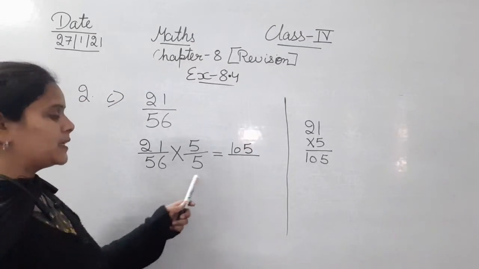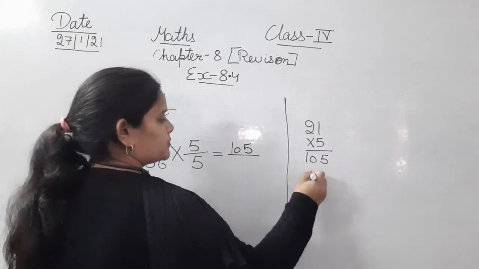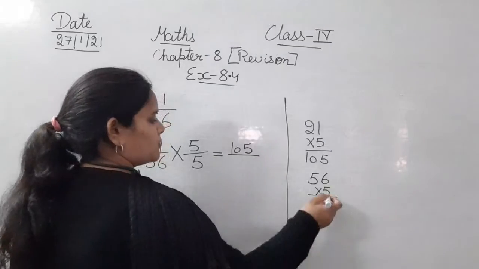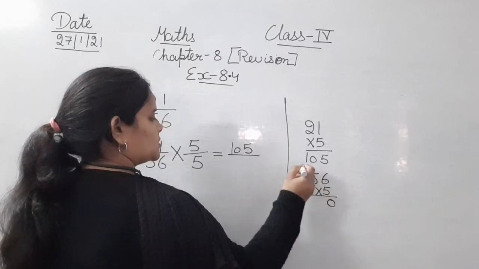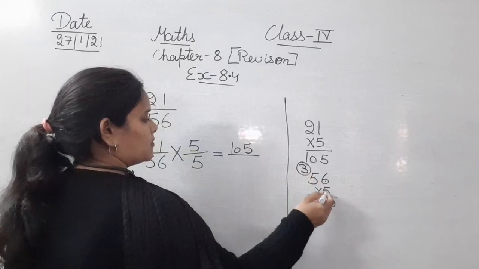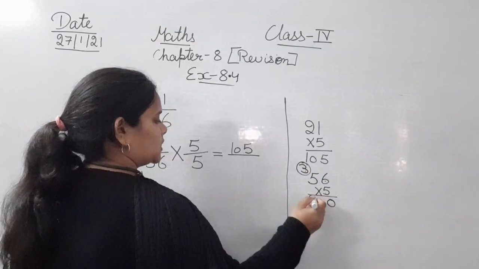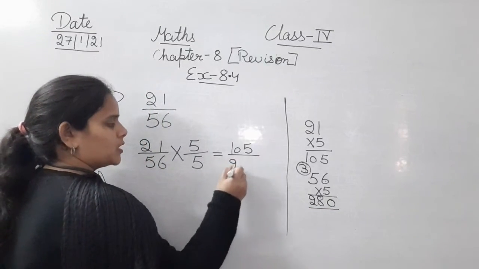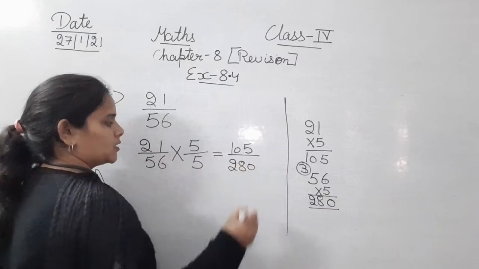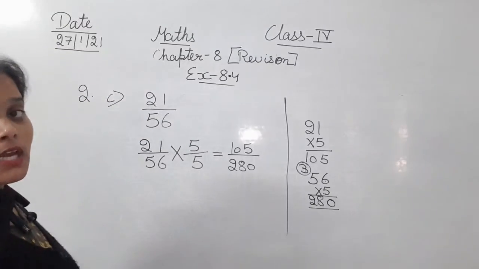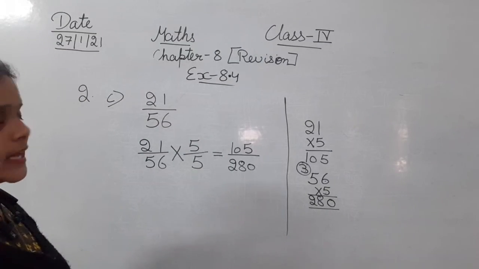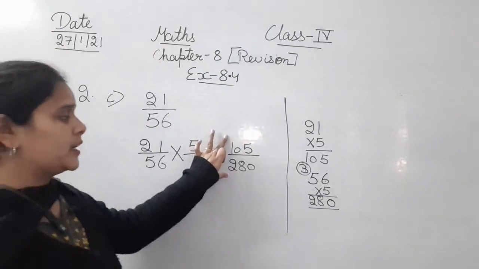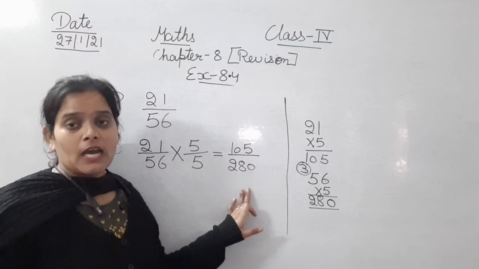Next is 56 multiplied by 5, 5 6s are 30, 0 and 3 will be carried here, 5 5s are 25 plus 3, that is 28, so that is 280. So that means 21 upon 56 is equal to 105 upon 280.